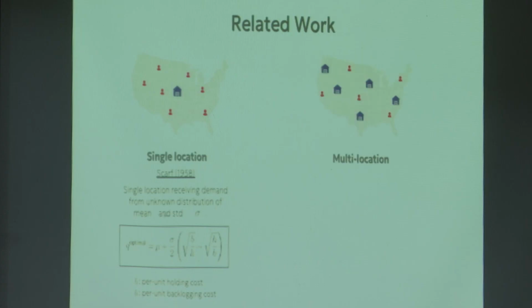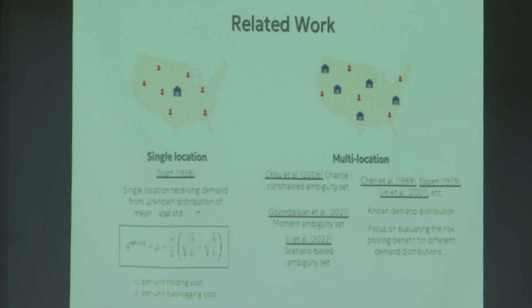For the multi-location version, this has been looked at in the literature, and I have some references here, again by no means exhaustive. For the multiple location version we are considering, the works have proposed some heuristics and compared to some lower bounds of the problem.